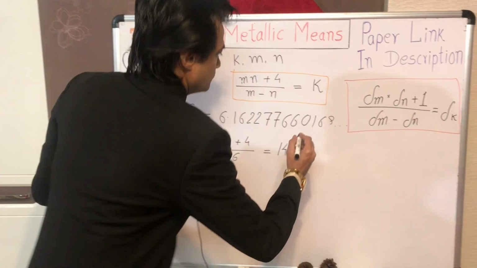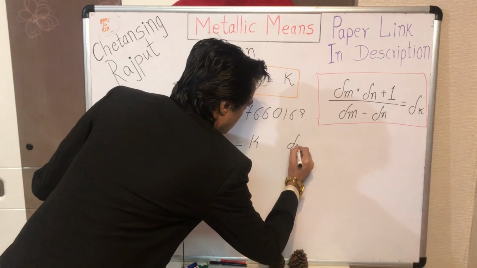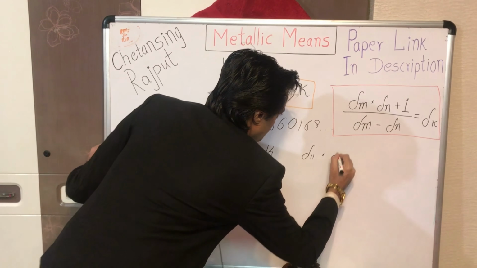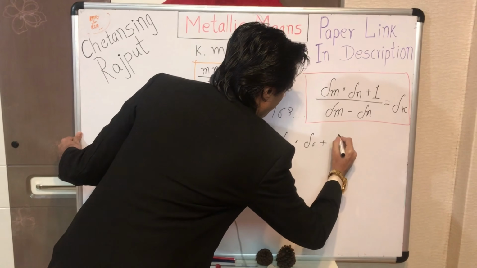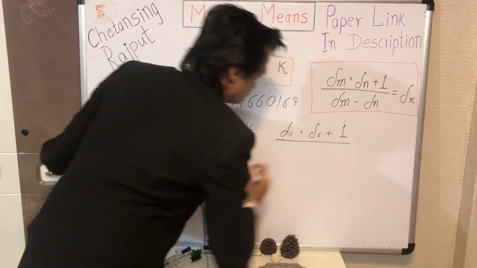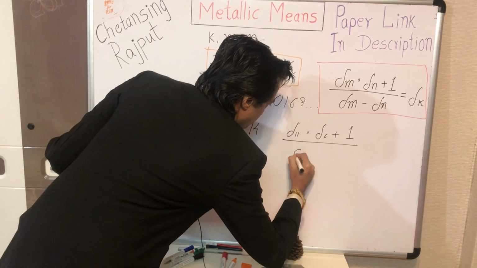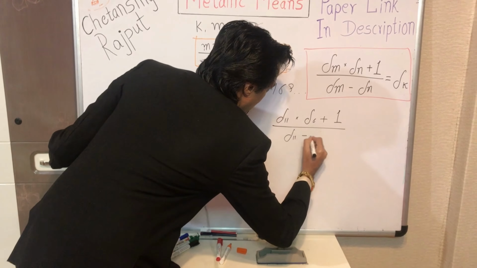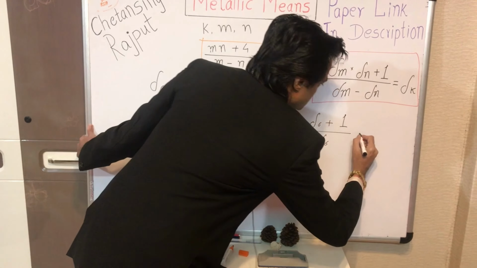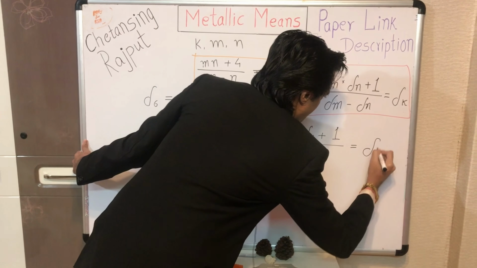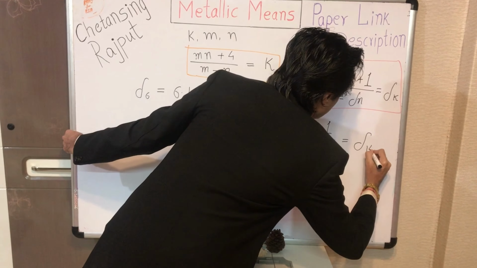In that case, the product of the 11th and 6th metallic ratios plus 1, upon the difference between the 11th and 6th metallic ratios, precisely equals the exact value of the 14th metallic ratio.